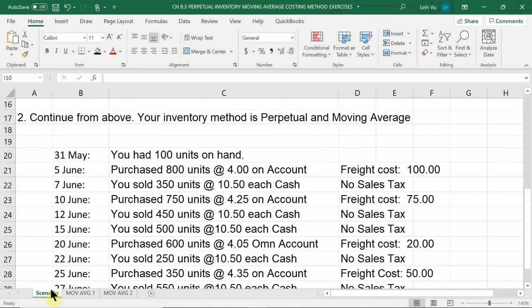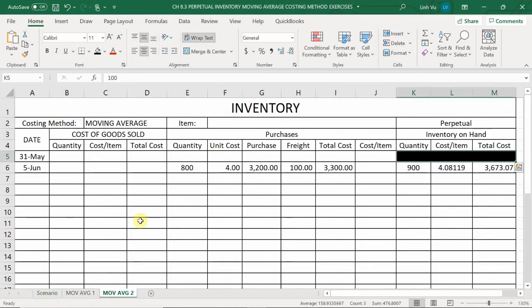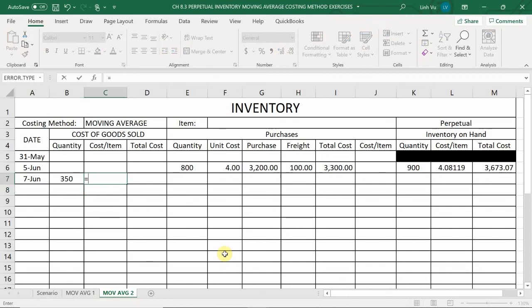Then on June 7th, we end up selling 350 units, at an average cost of 4.08119.